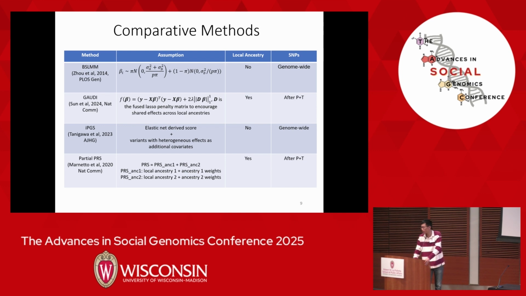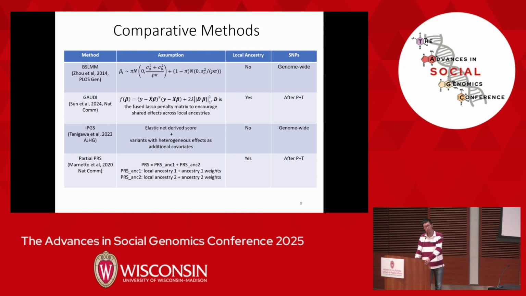Gaudi also assumes there are shared effects across local ancestry, but it uses fused lasso to do both variable selection and encourage those shared effects. But the drawback of Gaudi is that because of computational issues, it has to do the P plus T, the pruning and thresholding first, and it's not using all of the genome-wide SNPs.